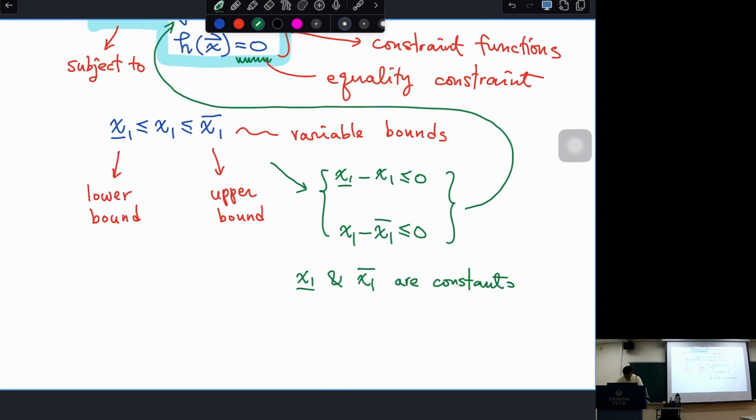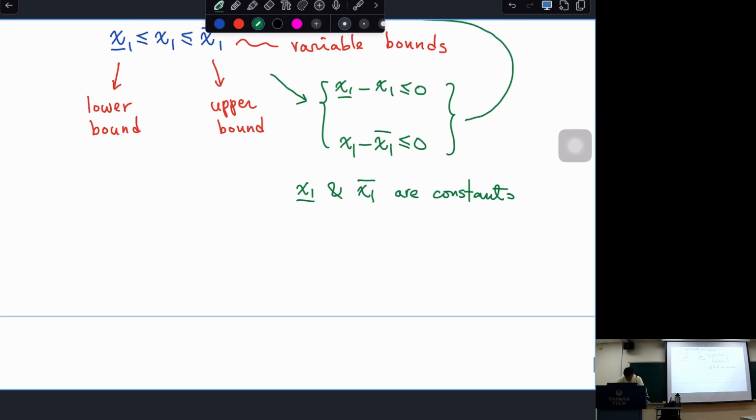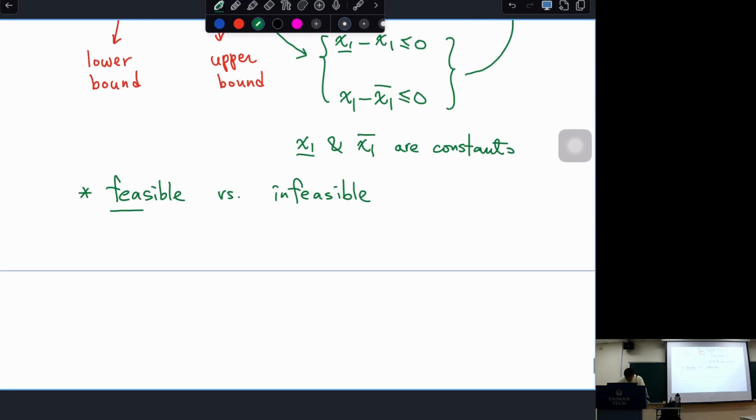So let me remind you another terminology. Feasible versus infeasible. So feasible means satisfying all constraints.